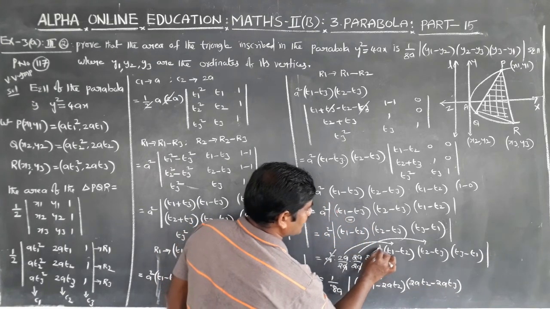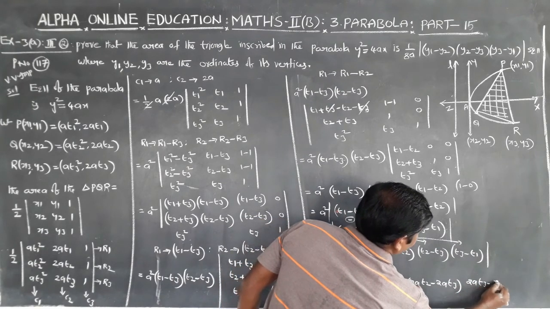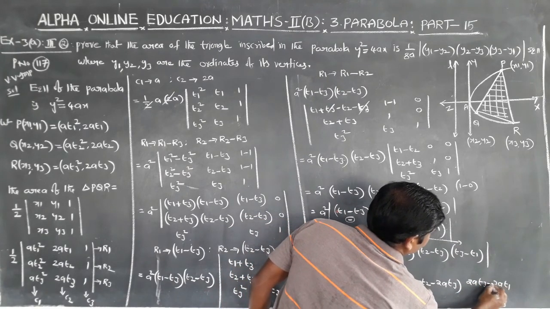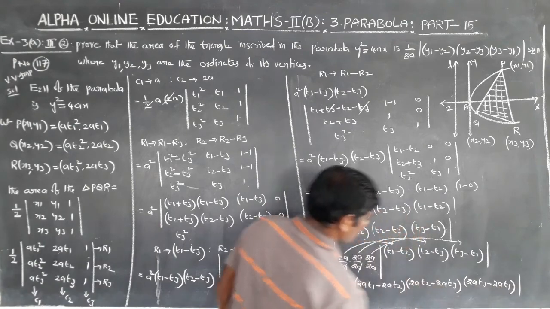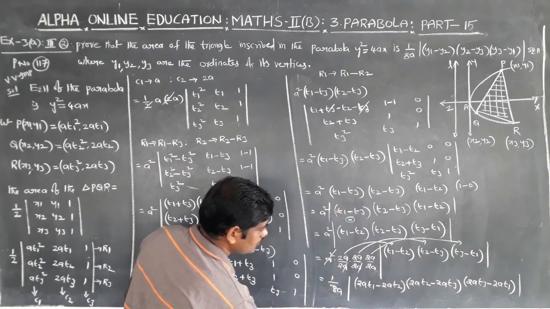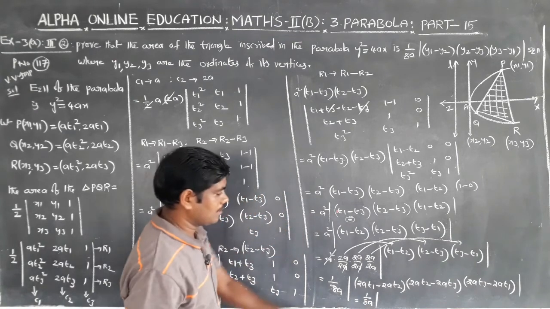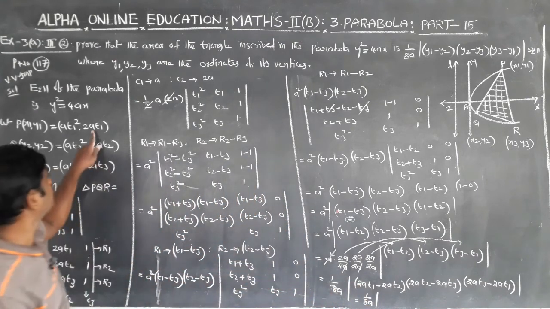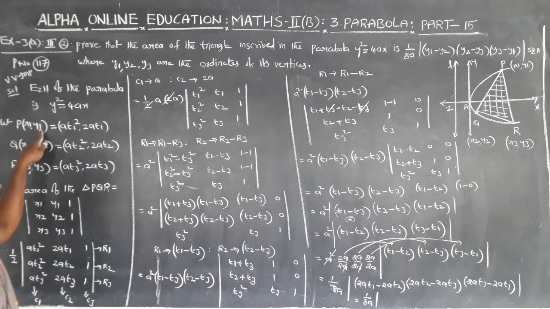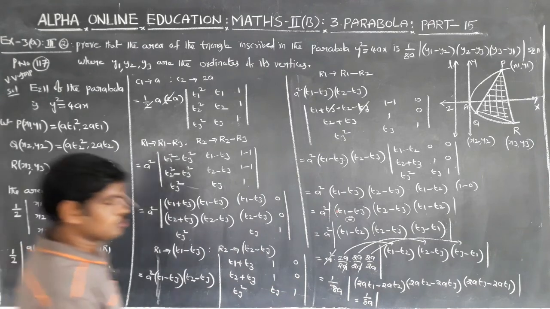Multiply 2A third term, 2A T3 minus 2A T1. 1 by 8A into mod of. 2A T1 is equal to Y1, 2A T2 is equal to Y2.